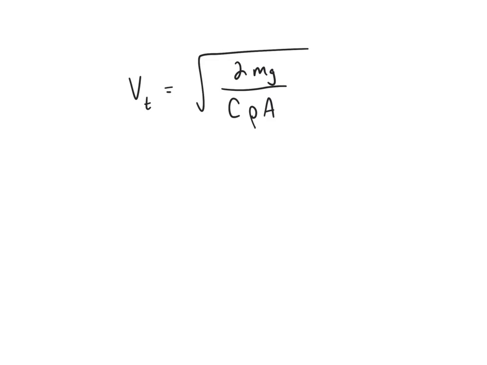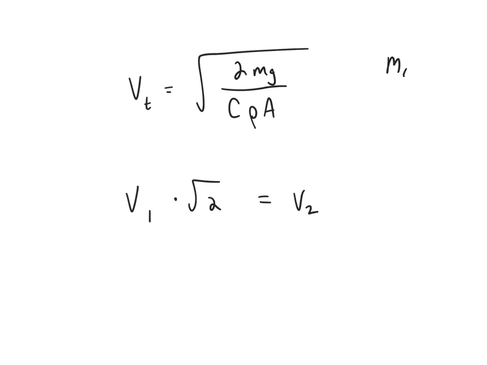So if mass were to go up, what happens to terminal velocity? What does it go up by? If mass were to double, what would happen to your terminal velocity? Yeah, it would go up by a square root of that value. So if I had an object that's twice as massive, the velocity of object 1, that's smaller, times the square root of 2 would equal the velocity of object 2.